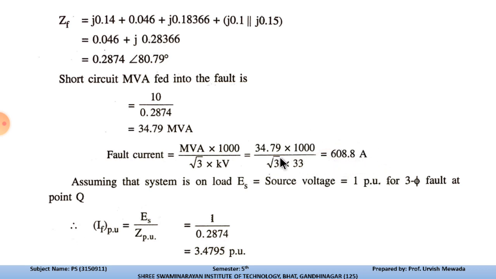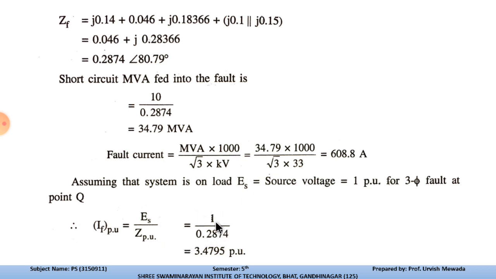Now assuming that the system is on load and we have ES, the source voltage, equal to 1 pu. For a three-phase fault at point Q, we have the equation Z is equal to V upon I. So I is equal to V by Z. Here V is ES, the source voltage, divided by Z pu.